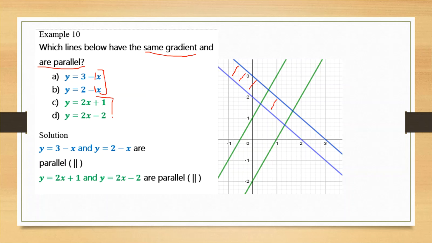The green ones are also parallel because they have 2 in front of the x. And they are the same distance apart. So that's the quick way to tell. Do they have the same number in front of the x? When it's in this form, okay, it's a little bit different when they're not in this form. This is the gradient form.